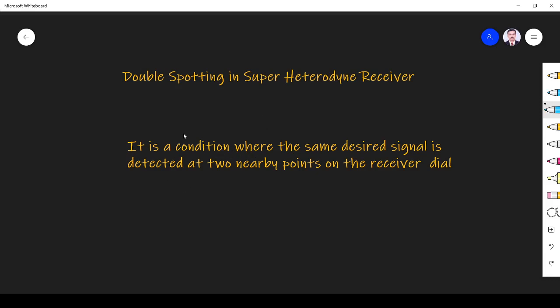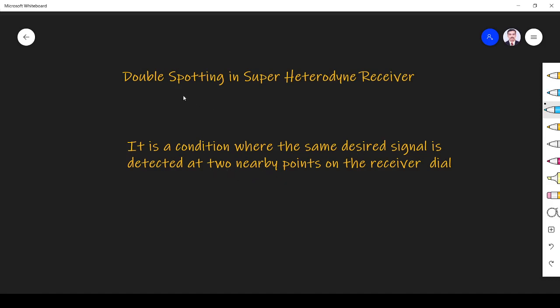So first we see what is double spotting in superheterodyne receiver. Double spotting is a condition where the same desired signal is detected at two nearby points on the receiver dial. That is, our radio receiver dial will detect the same desired signal at two points.